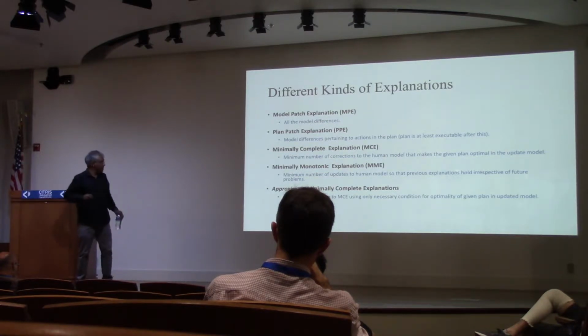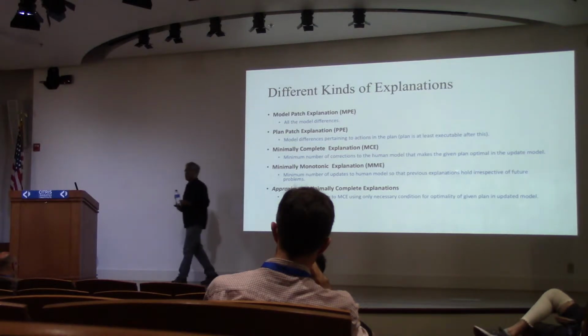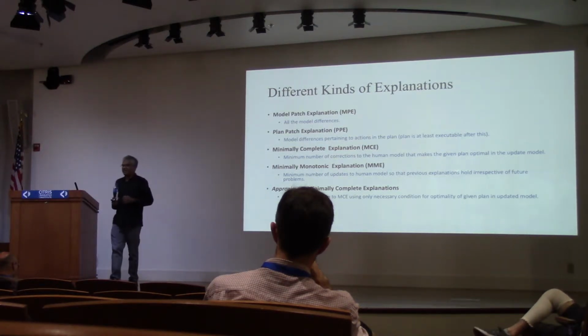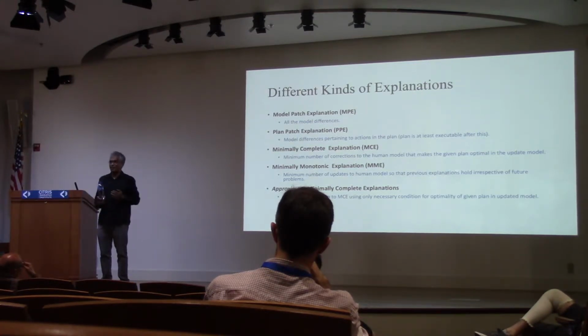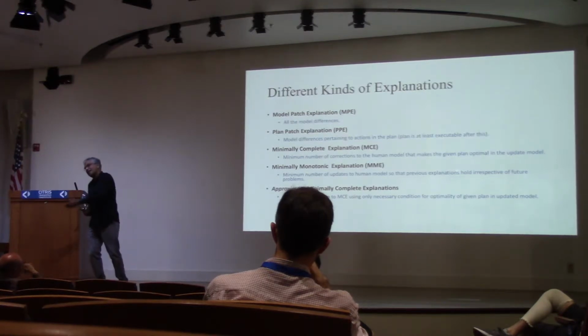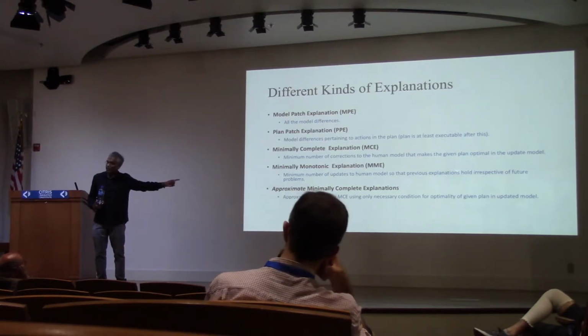But it turns out that the minimally complete explanations don't have this other property of monotonicity, which is, after you explain this example, you continue to work with this same person, and something else happens, they ask for another explanation. Now, based on this explanation, they realize, unless they have no memory, that the previous explanation is bogus.